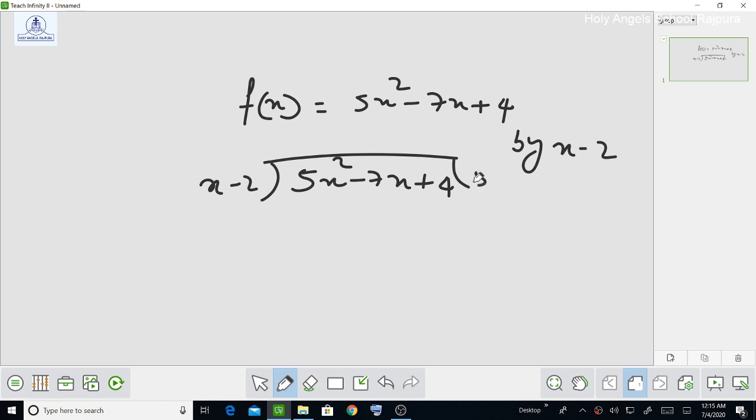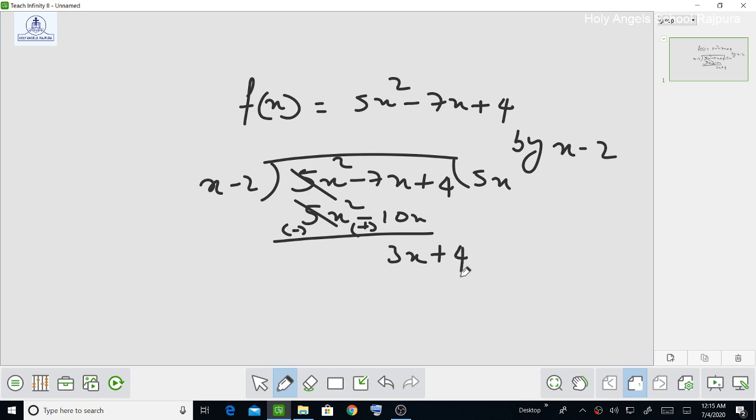That is 5x. 5x into x is equal to 5x square. Now 5x into minus 2 is minus 10x. Then subtract. To eliminate, change the sign. This is cancelled. Minus 7x plus 10x is 3x, plus 4.